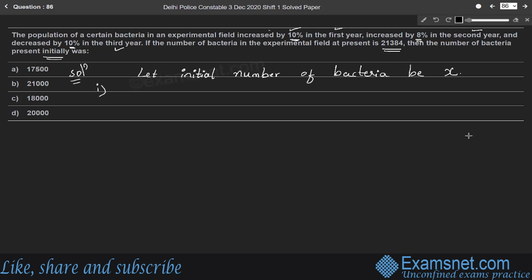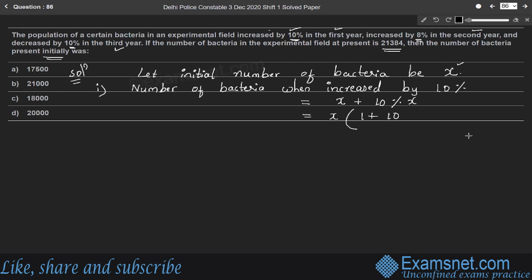Therefore, number of bacteria when increased by 10% in the first year becomes X plus 10% of X, X into 1 plus 10 by 100.